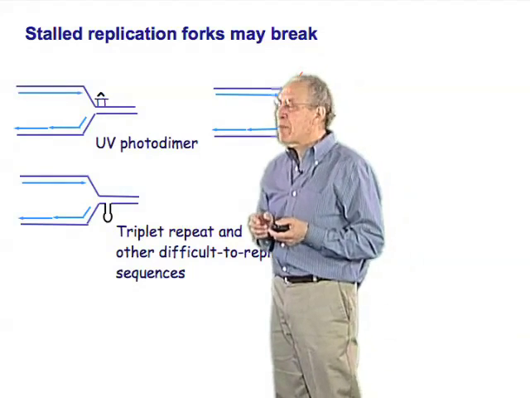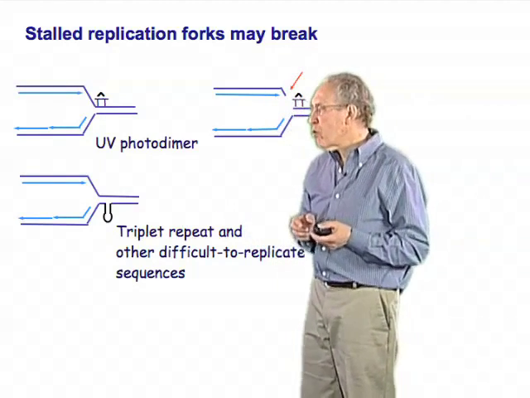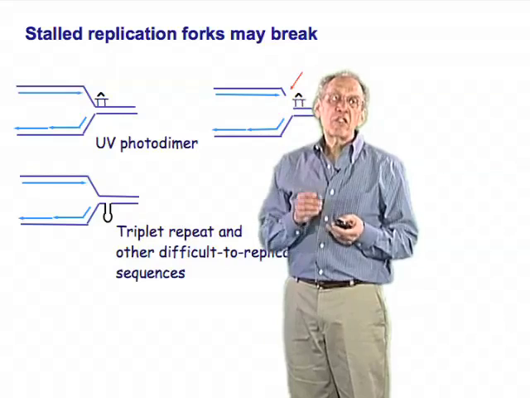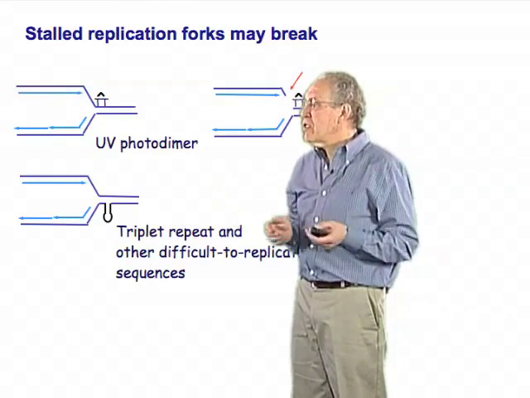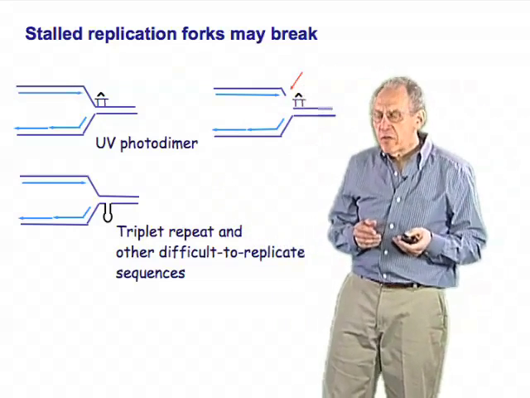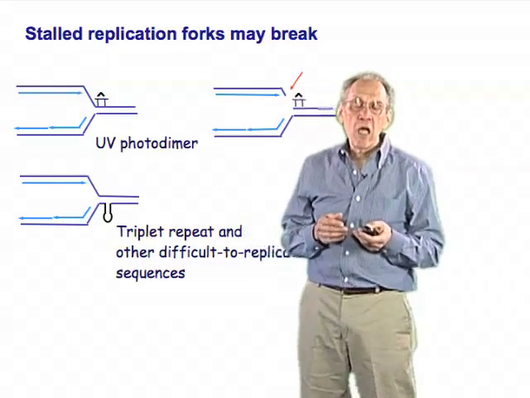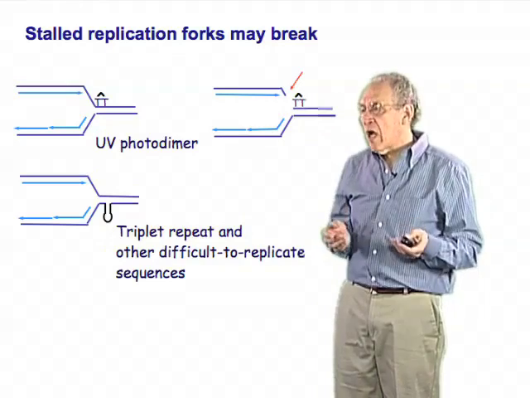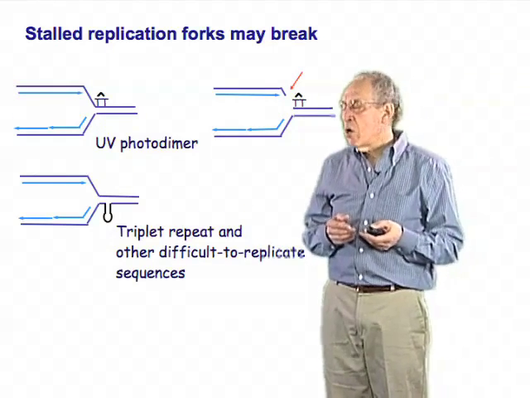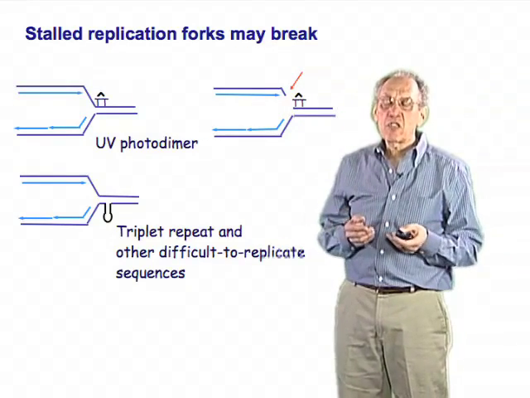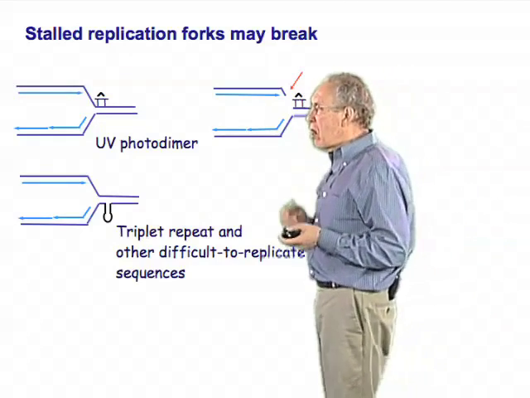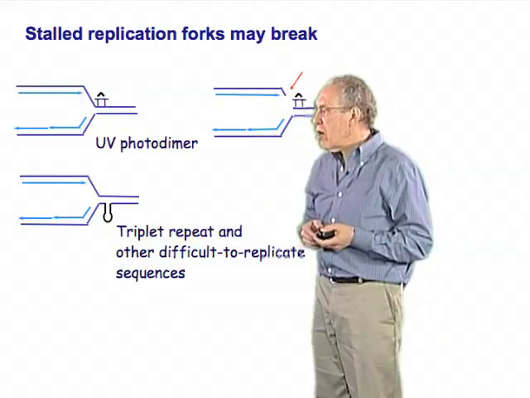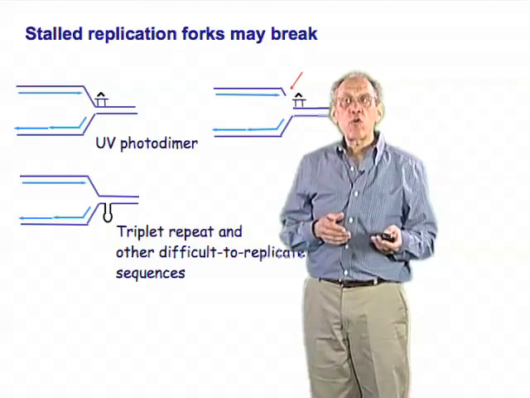These happen in so-called triplet repeat sequences, such as CTG, CTG, CTG, repeated many, many times, which is characteristic of a defect that is seen in Huntington's disease, or in other DNA sequences which are characteristic of diseases such as Friedreich's ataxia. And in both of these cases, the stalling of the DNA replication fork creates an opportunity for chromosomes to break.